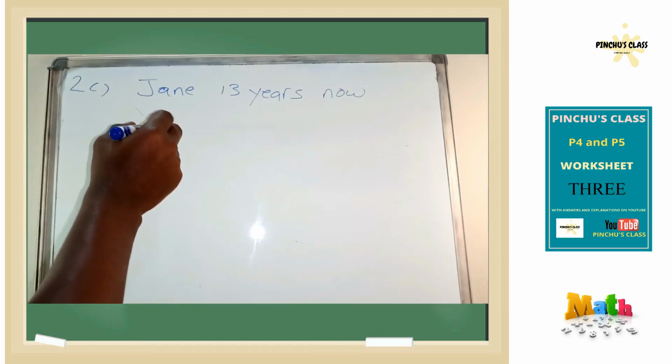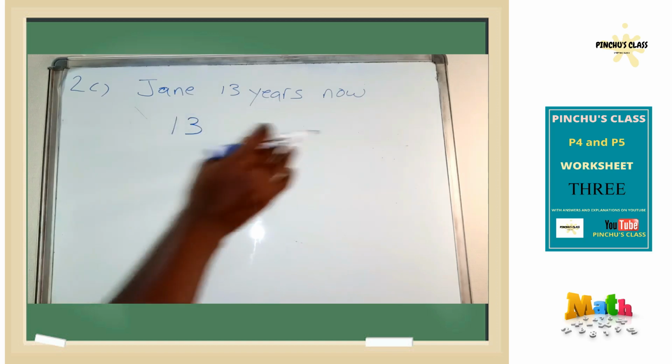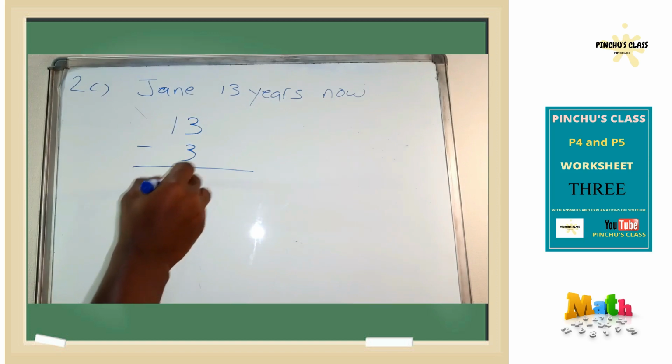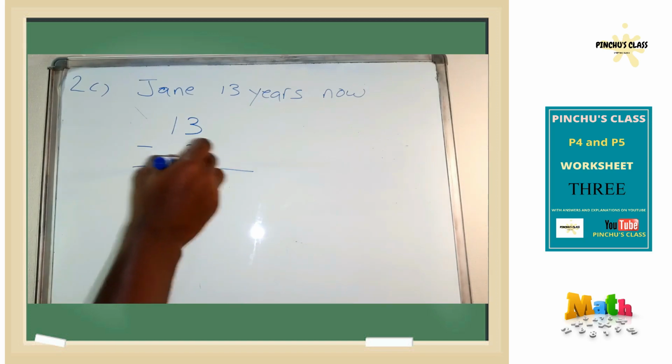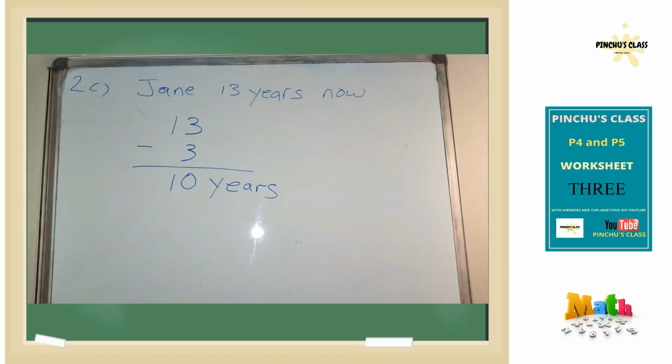So we are going to take the age she is right now minus the 3 years ago, and then this will be 10 years. So Jane was 10 years old 3 years ago.